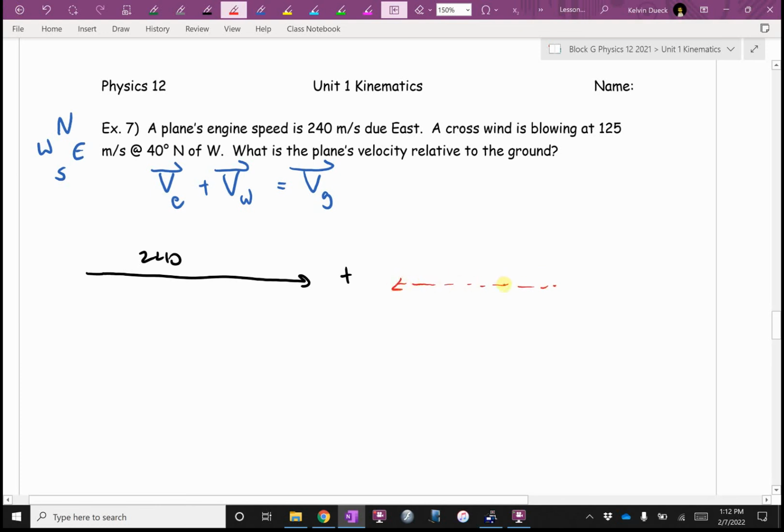I'm going to go north of west, 40 degrees. And I guess this line is 125 at a 40-degree angle. Did I say angle? Components. I'm going to break this up into Vx and Vy.